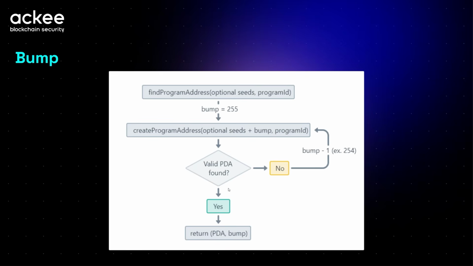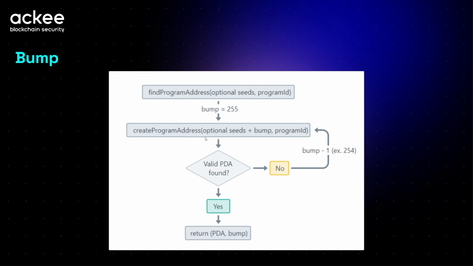Here is the check if the address is a valid PDA. That means whether it lands on the curve or not. If not on the curve, then yes, it is a valid PDA, and we are basically done. If it is not a valid PDA, then we go to this no branch, we decrease the bump by 1, so we go to the number 254, and we do it again.